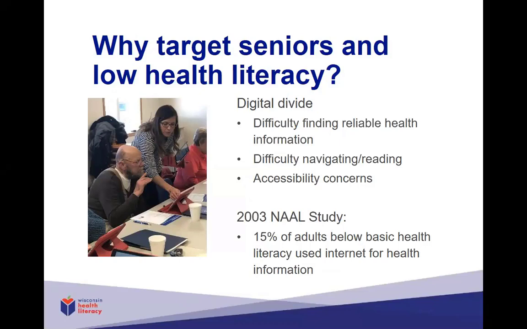This is a 2003 study, and 31% were looking up information online at that basic health literacy level, 49% with intermediate health literacy level, and 62% at the proficient health literacy level. So you can really see the differences in statistics there, that divide and gap on who's accessing the internet.